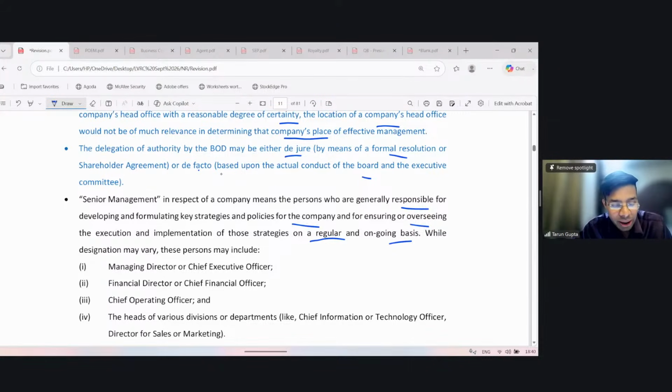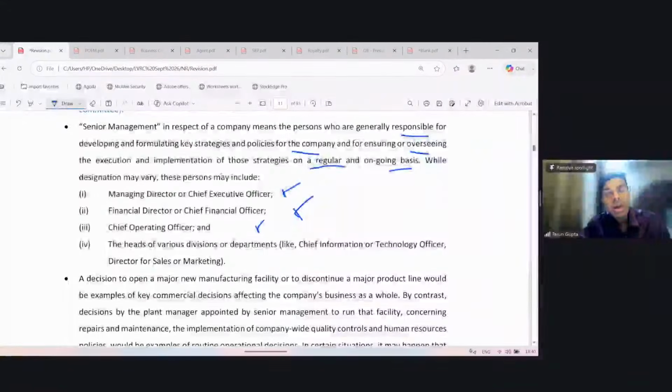While designations may vary, these persons may include the MD or CEO, finance director or CFO, COO, Chief Operating Officer, and the heads of various divisions or departments, like the Chief Information or Technology Officer, Director for Sales or Marketing.